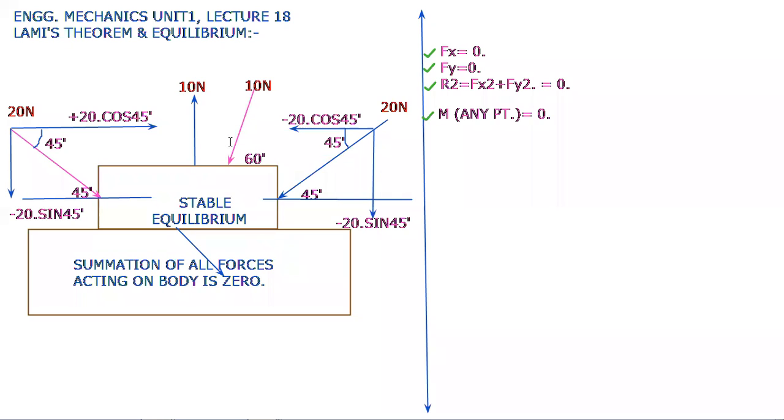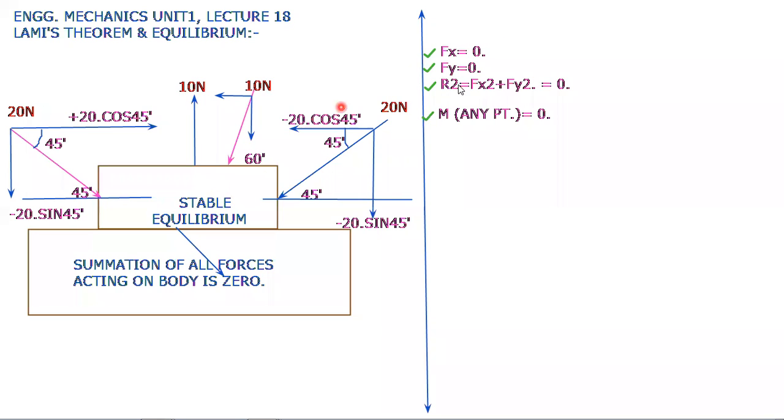If this 10 Newton force is inclined at 60 degree, then you can resolve this force as minus 10 cos 60, because it is in negative x direction, and minus 10 sin 60 in negative y direction. So minus 10 cos 60 and minus 10 sin 60. You are able to resolve this force.